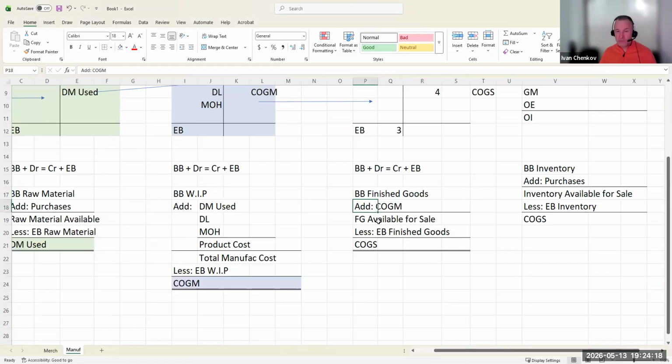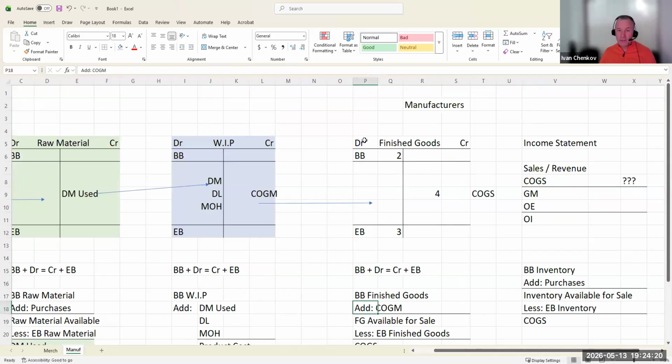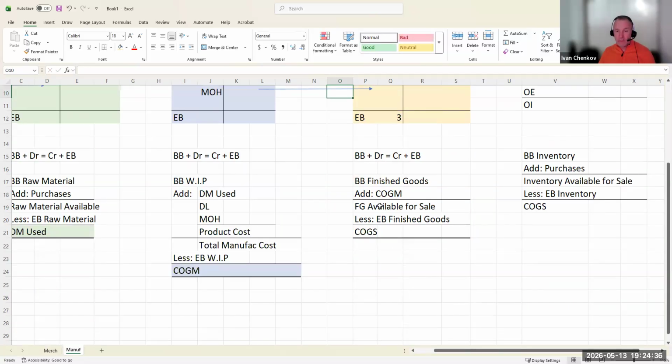We're going to add cost of goods manufactured. And this is what's ready to be sold, available for sale, and then we're going to get cost of goods sold. Make sense?